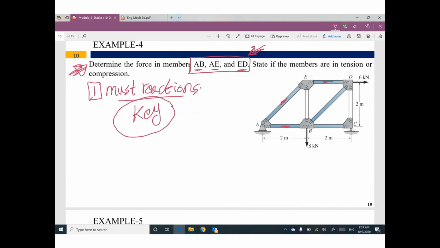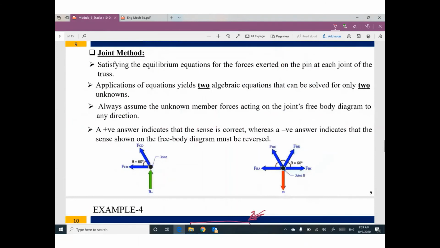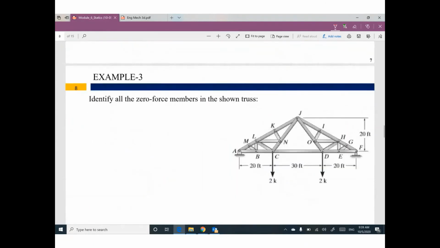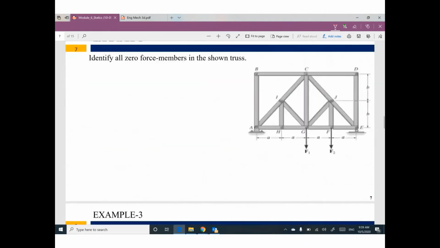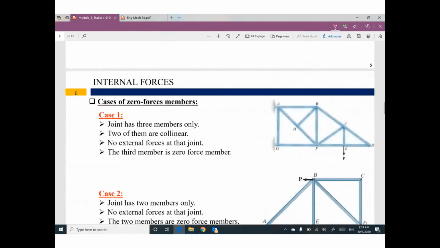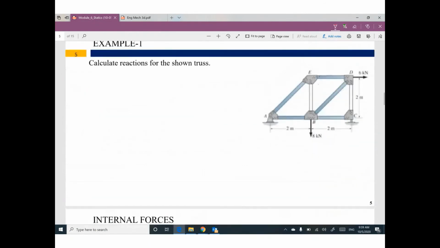If at this moment you cannot figure out how to calculate reactions, please go back and learn how to calculate them. Without reactions, you cannot solve the problems in this topic or in the coming topics. If you remember, I spent more than one week on how to calculate reactions.